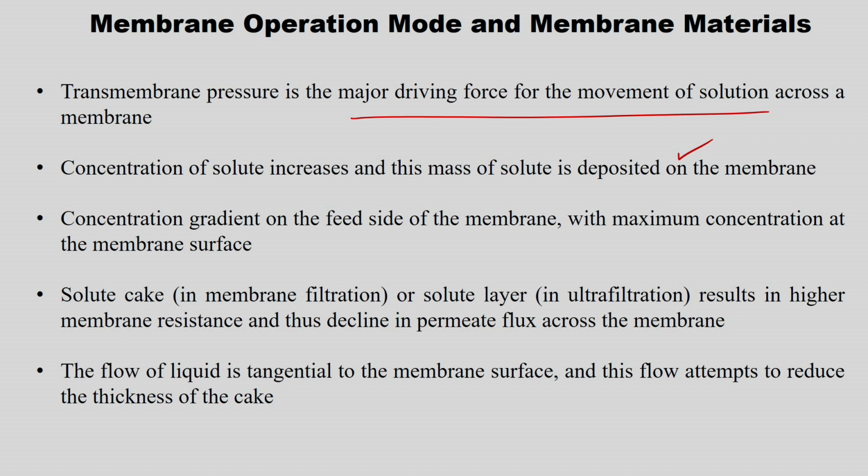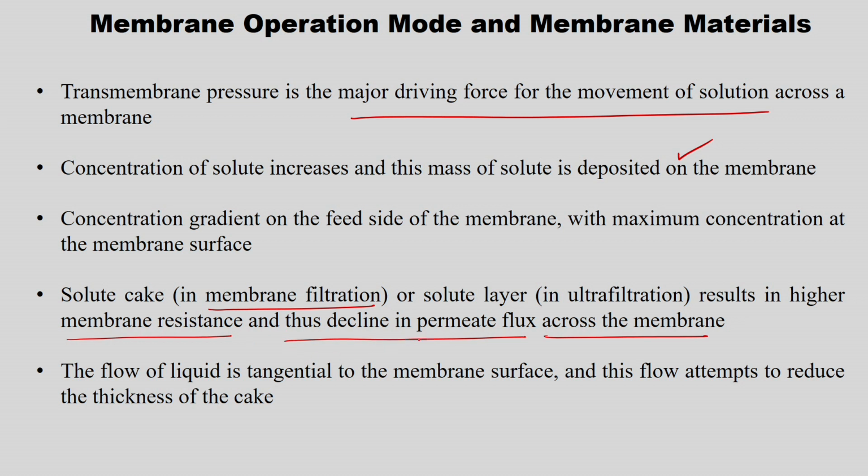So, the maximum concentration happens at the membrane surface. And the solute cake, in the case of membrane filtration, or solute layer, in the case of ultrafiltration, results in higher membrane resistance and thus a decline in the permeate flux across the membrane. So, that means the concentration polarization further acts as a resistance.